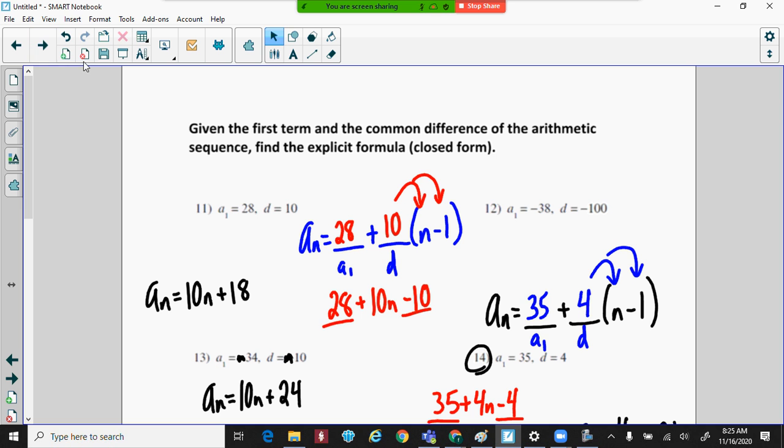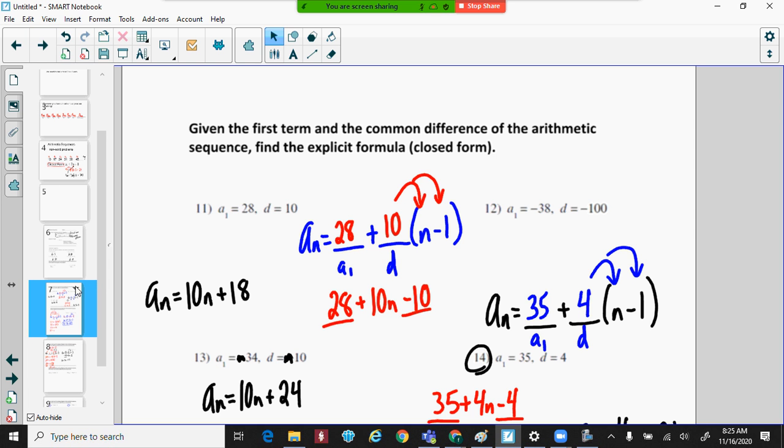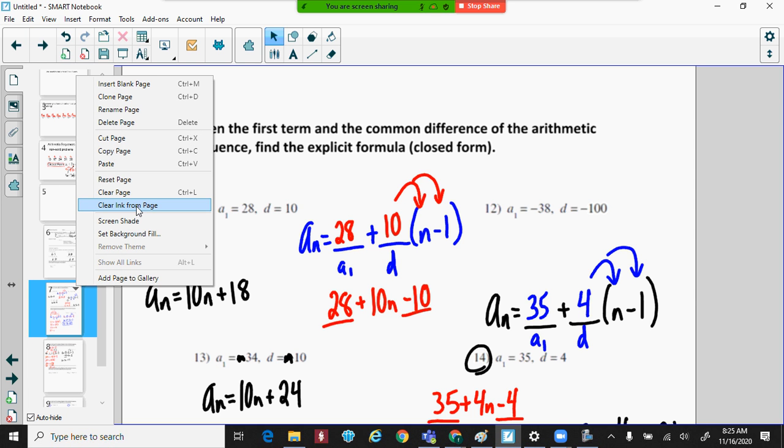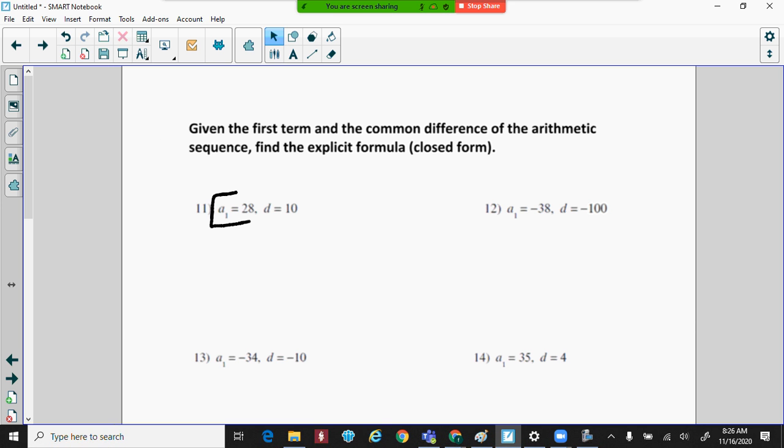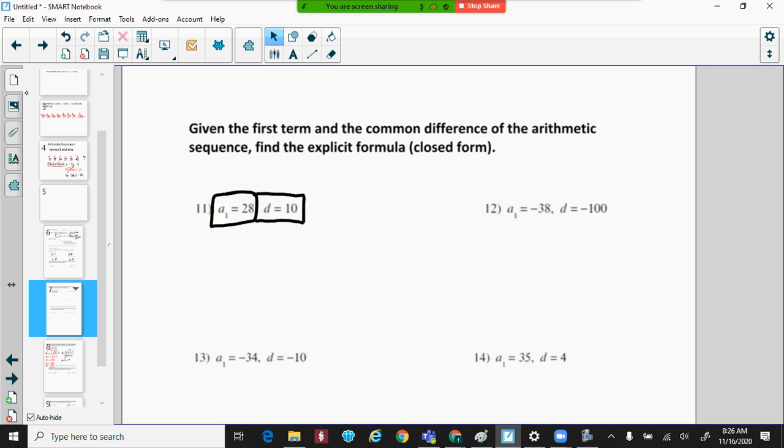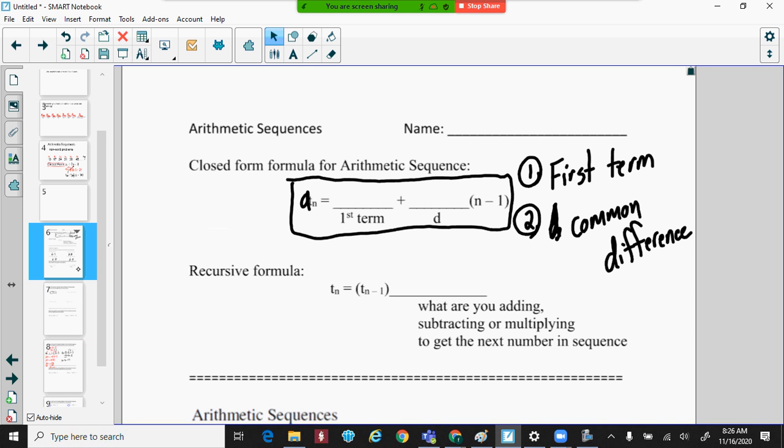I forgot to clear this out from the last class, so my bad. What we have here is our first term and our common difference. If you remember from the last slide, from the formula, you need to know your first term and common difference. This is going to be pretty simple because I'm basically handing you the first term and the common difference.